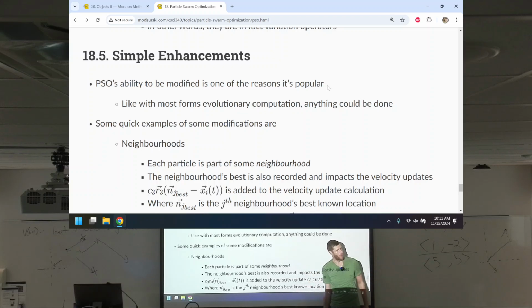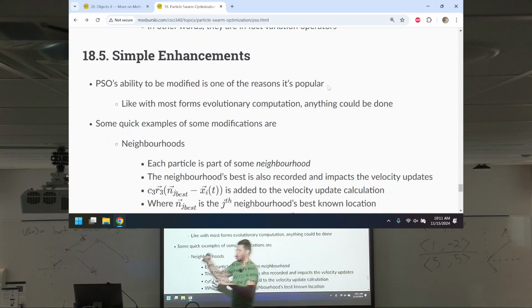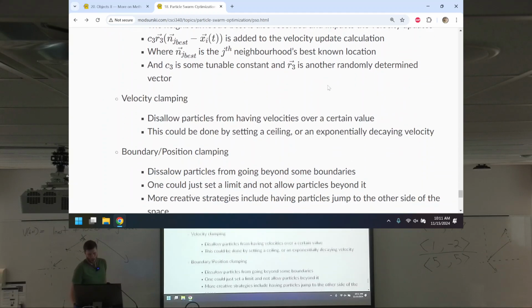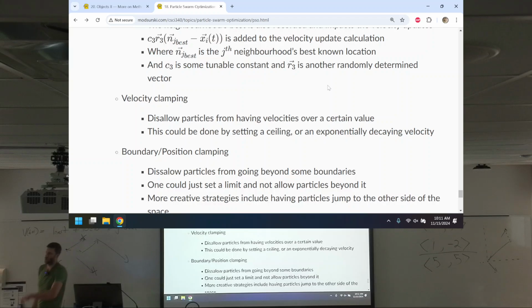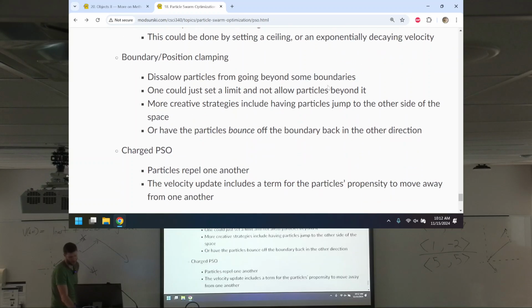Sure, go for it. You can bound it, setting rules so you can't go too far outside of a domain, which is just a good idea. Velocity clamping is a really good one: don't let the velocities get out of whack. Bound the velocities such that they can't get bigger or smaller than a certain value. The same thing with the positions, I already said that.